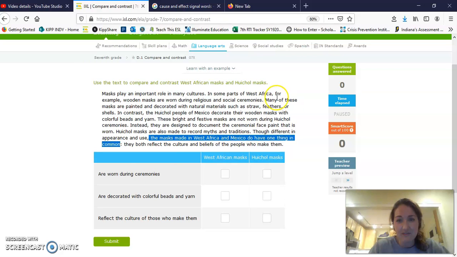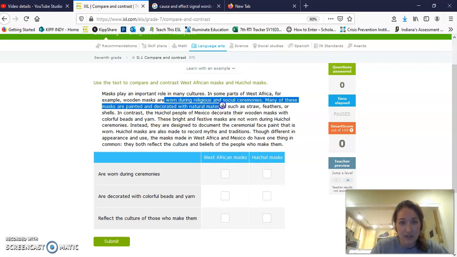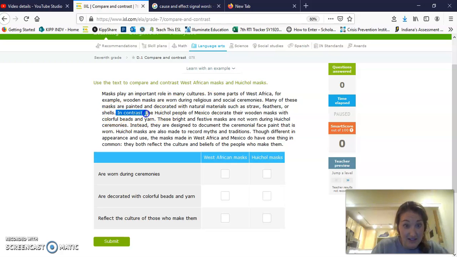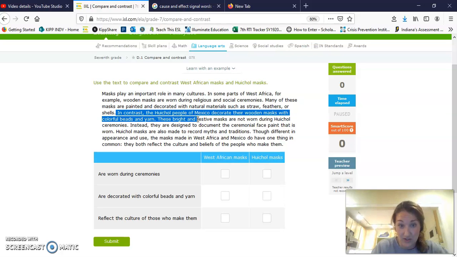It says, many of these, meaning many of the masks in West Africa, are painted and decorated with natural materials. They are worn during religious and social ceremonies. In contrast, the Hikol people of Mexico decorate their wooden masks, but they are not worn during ceremonies. So it's the West African masks that are worn during ceremonies, not the Hikol masks.